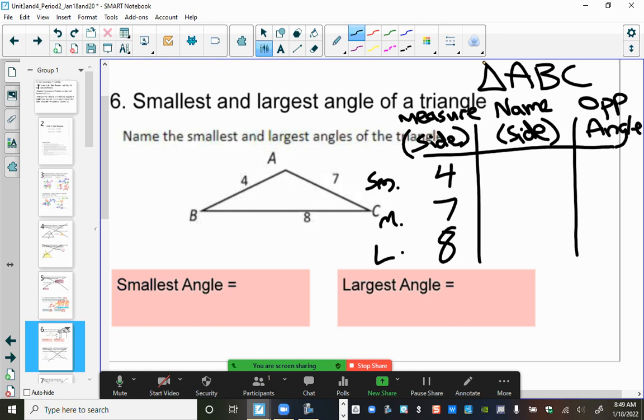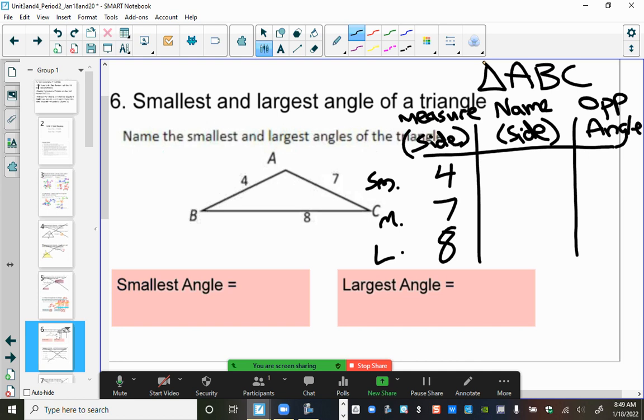Now, first, let's list our sides. So the number 4. What two letters make up that side that's 4 units long?